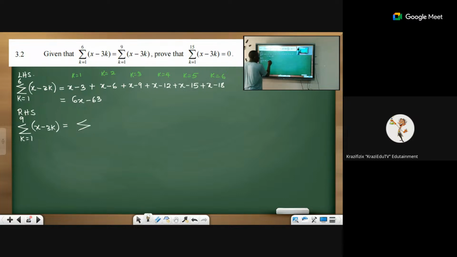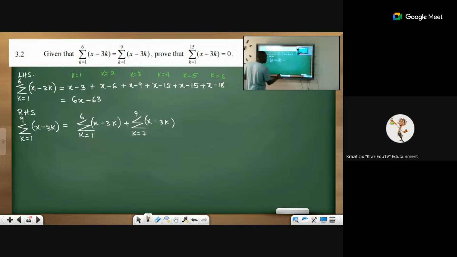This can be written as, please watch this, the sum from 1 to 6 plus the sum from 7 to 9. Let me know if it makes sense, because we're saying k is 1, k is 2, k is 3, k is 4, k is 5, k is 6. So if I take the first 1 to 6 together, it's that, which is the left-hand side.